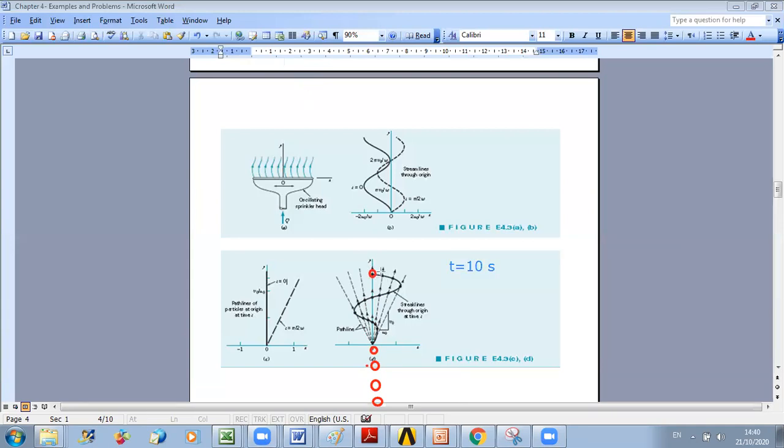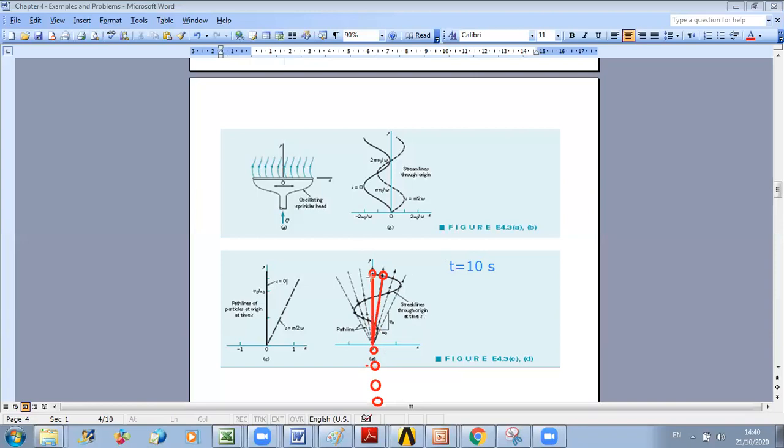The second particle will be in the path of the next time, because the particle injected at t0 will follow this path, while the particle injected at another time will follow another path. So now, at a certain time, let's say you want to see where your particles are at t equal 10 seconds. You already found the equation of the path line.